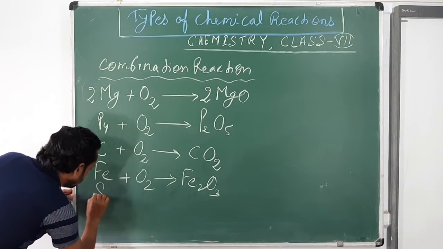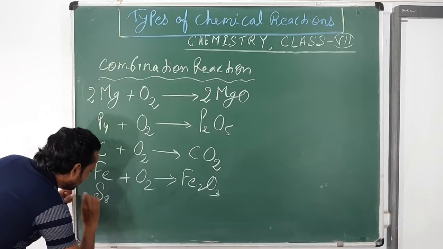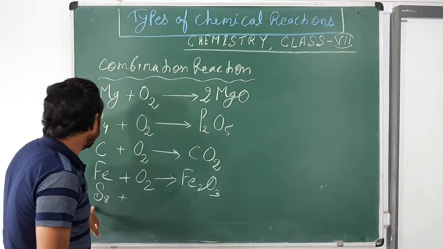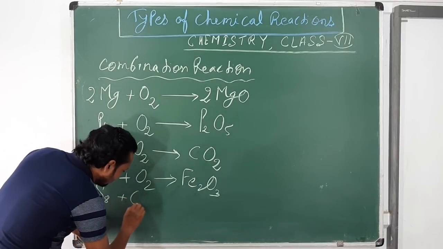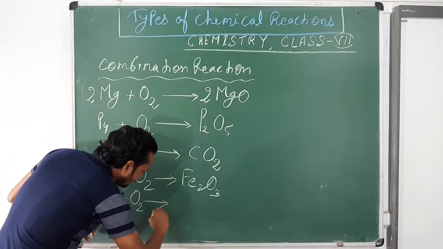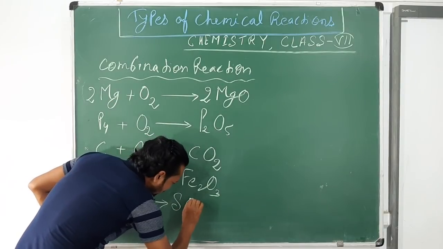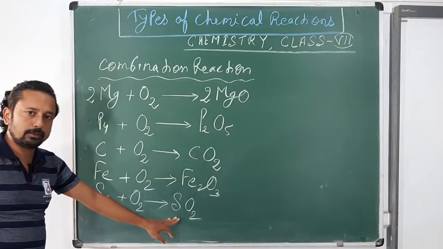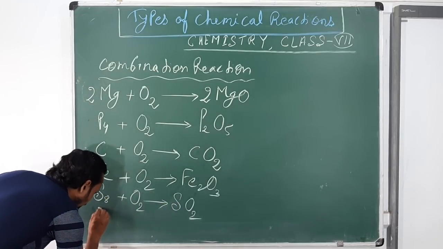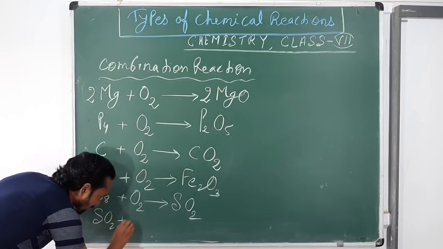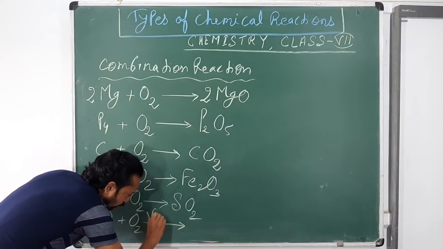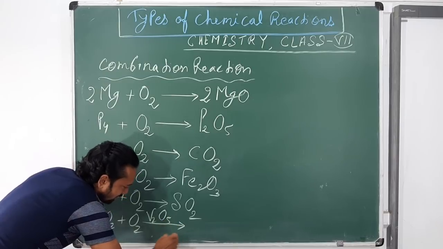Like sulfur, S8 form. Sulfur is basically found in S8 form, and when sulfur reacts with oxygen, it forms sulfur dioxide first. This is also an example of combination. Then sulfur dioxide again reacts with oxygen in the presence of V2O5 catalyst.